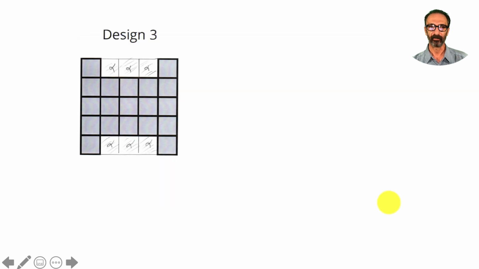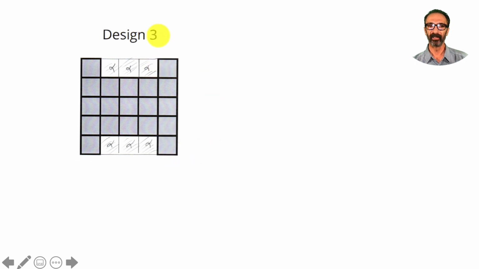Here's design 3. If you look at the whole thing, count it as a square, then take these off and these off. I think you'll have the gray ones. What do I mean by this? Well, how many going this way? 1, 2, 3, 4, 5, and going down 1, 2, 3, 4, 5.